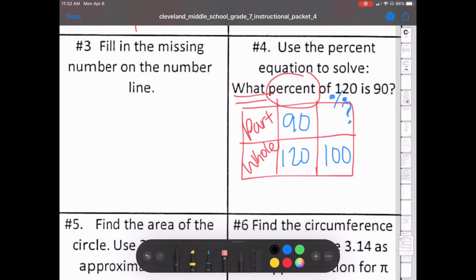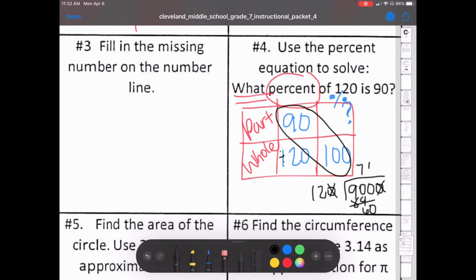So once we get to this step, we're going to use our cross multiply and divide method. 100 times 90 will give us 9,000. Now we want to divide that by 120. A little shortcut here for us is to remove 2 zeros. Now we're dividing 900 by 12. All right, so we've got a 7 here, and that will leave us with 84.